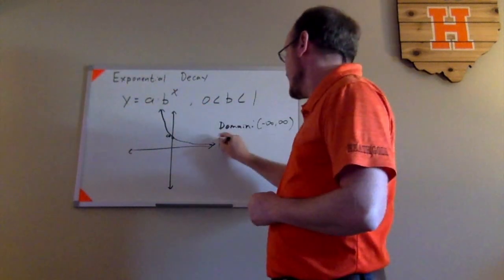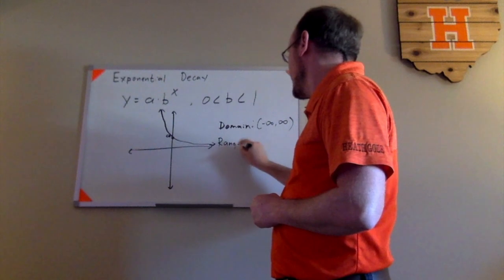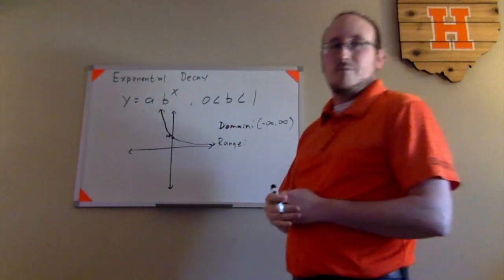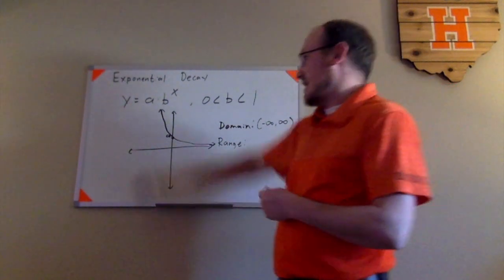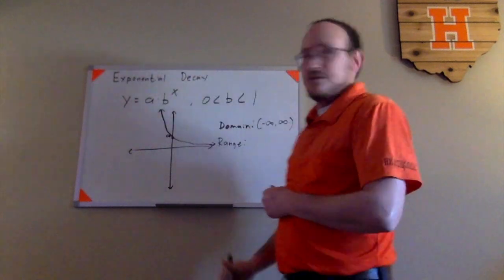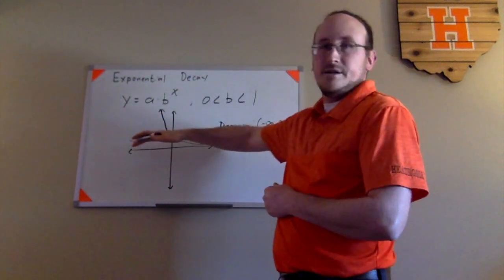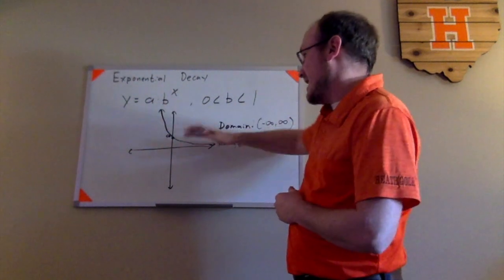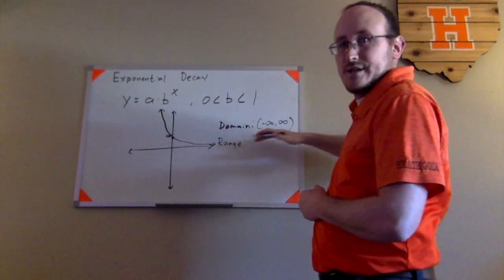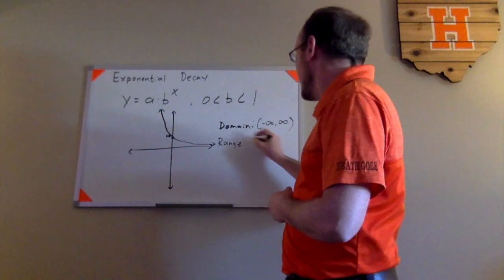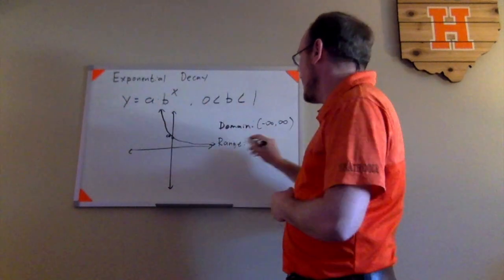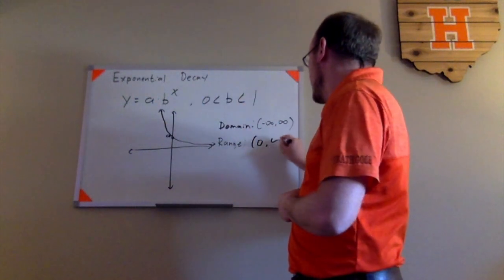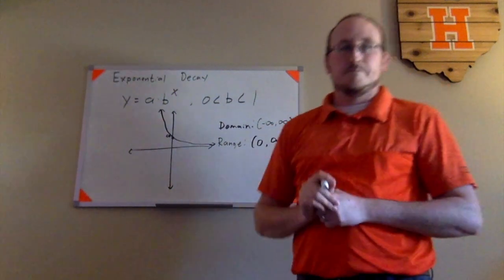And the range of this function, the y values represented by this graph, are everything from here up, again not including 0, because it is not actually getting to that axis. That's the asymptote line it is approaching as I go towards positive infinity. So the range would be from 0 to infinity, like so.